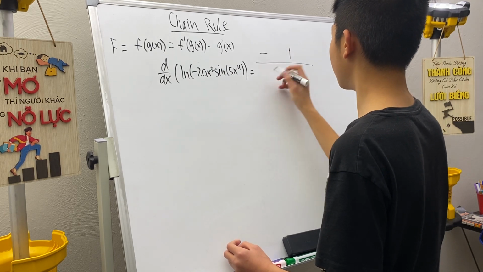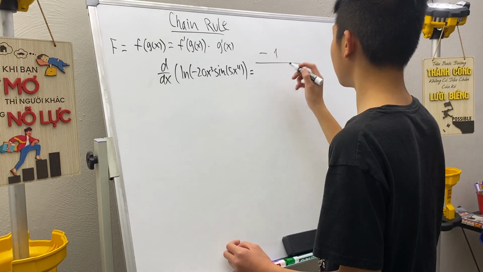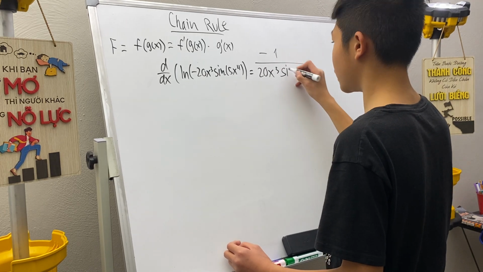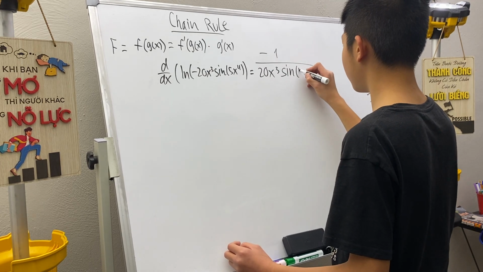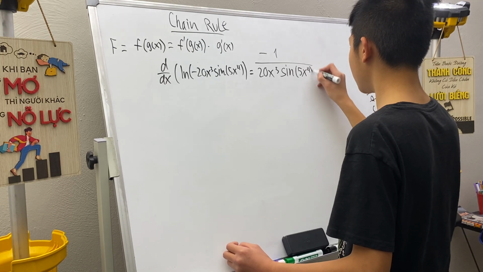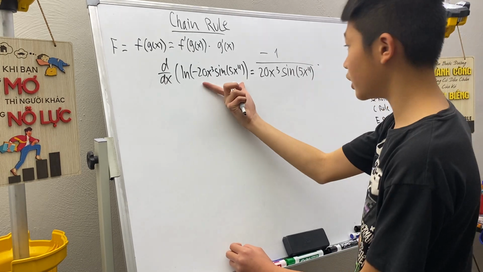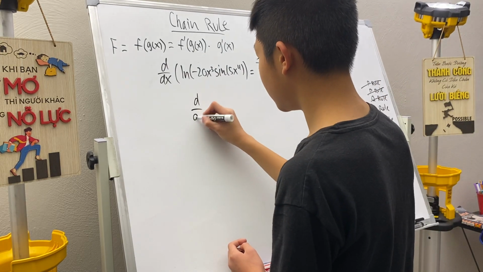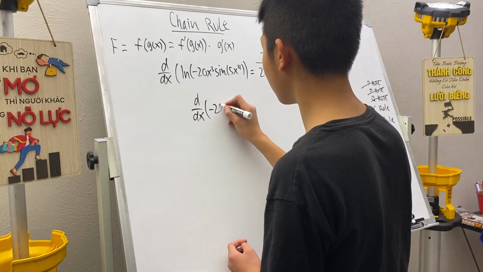Let's put a negative in front: 20x cubed sine of 5x to the fourth. Multiply by the derivative of this. Product rule. Okay, this is our product rule.